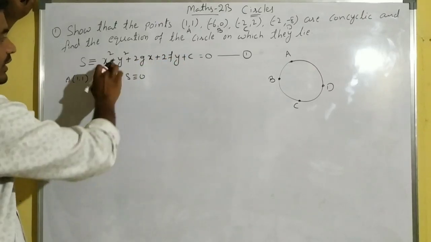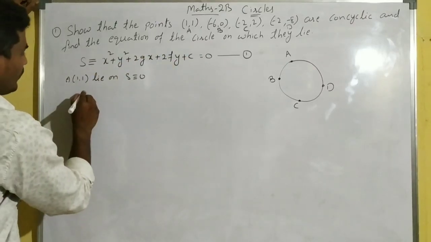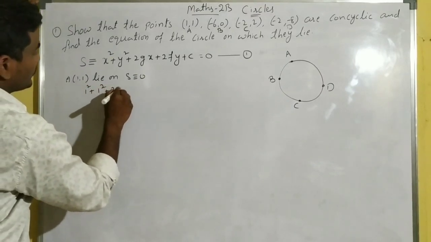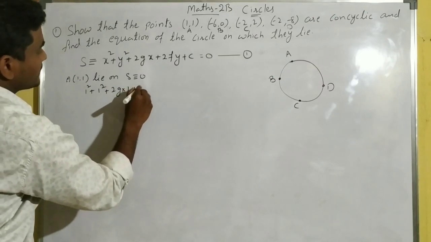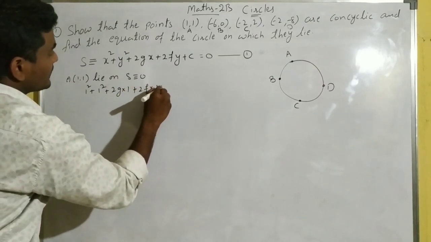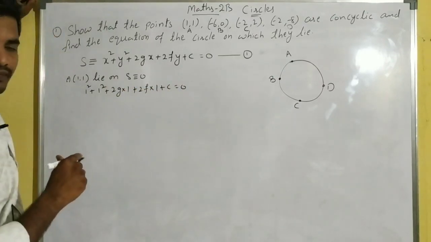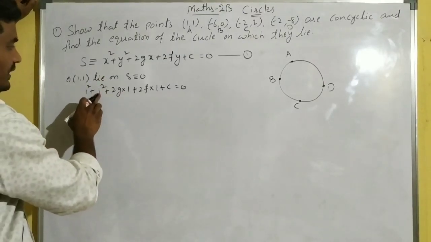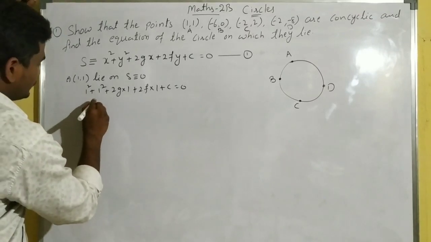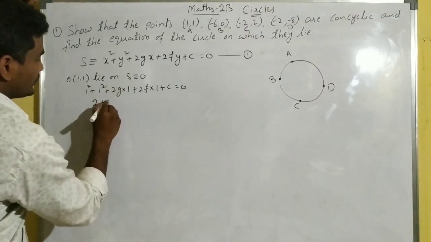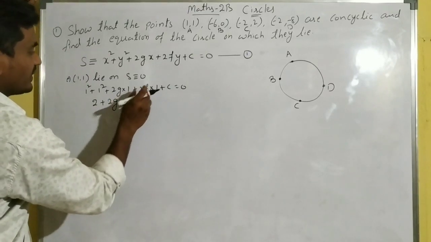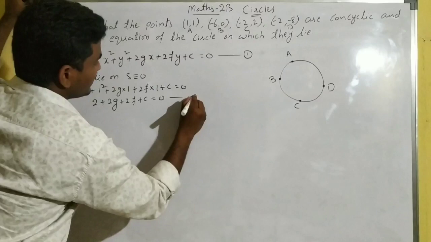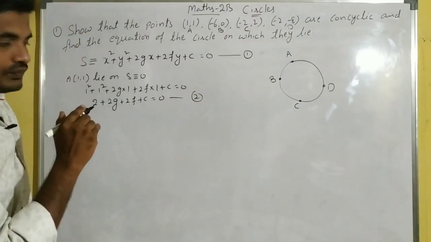What we get? 1 square plus 1 square plus 2g into 1 plus 2f into 1 plus c equals 0. 1 square is 1 and this is also 1, 1 plus 1 is 2, and this becomes 2g and this becomes 2f, plus c equals 0. This is equation number 2.